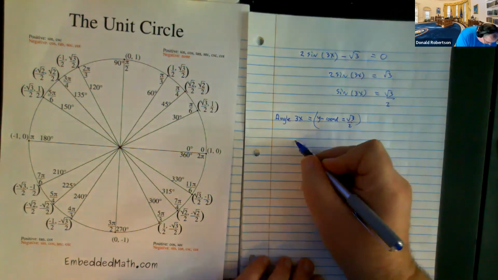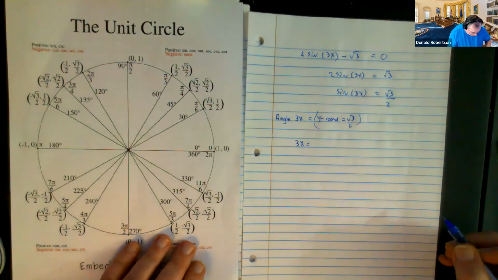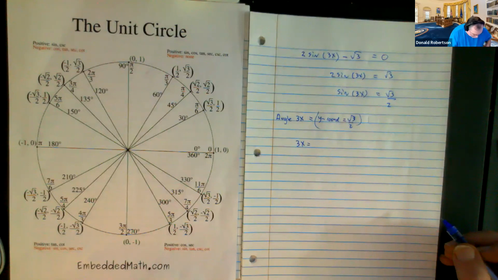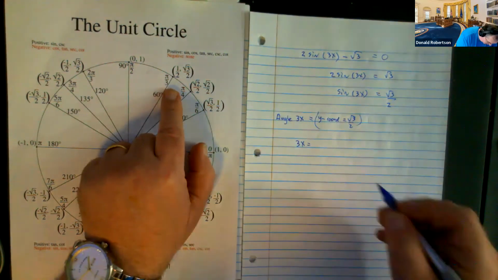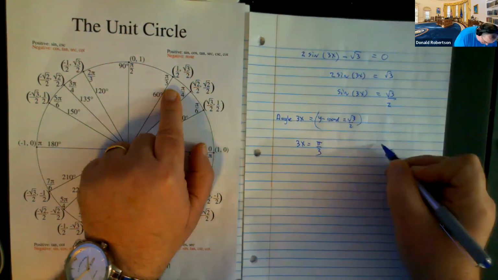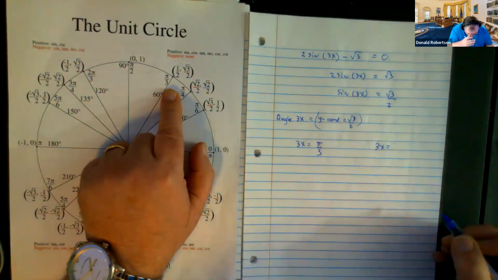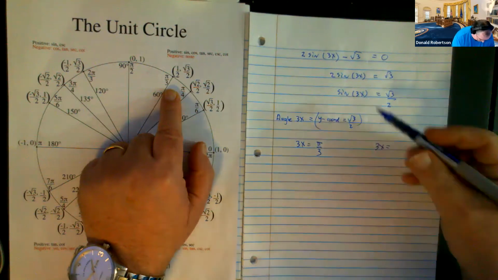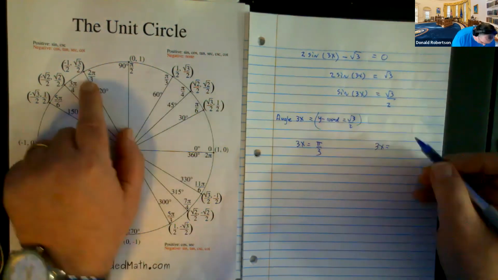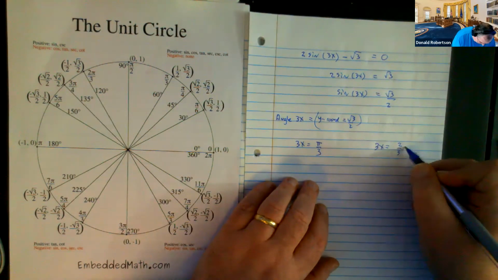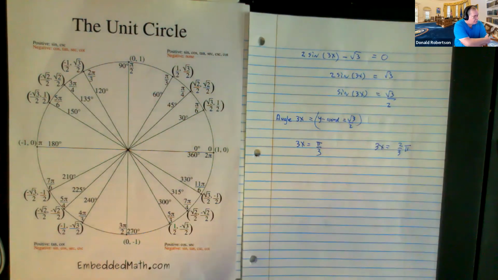And when I look at my unit circle, the places that have a y coordinate of root 3 upon 2 are pi upon 3, and the other one is 2/3 pi. Are you happy about so far? Nothing too different's happened.